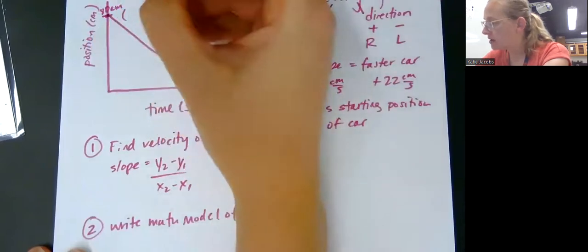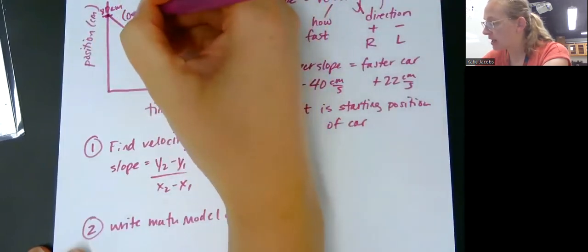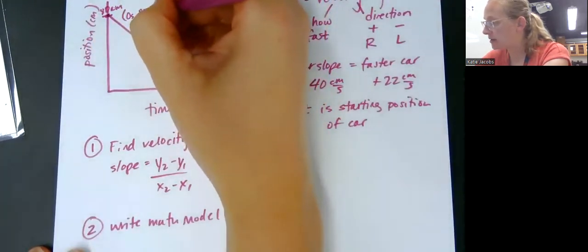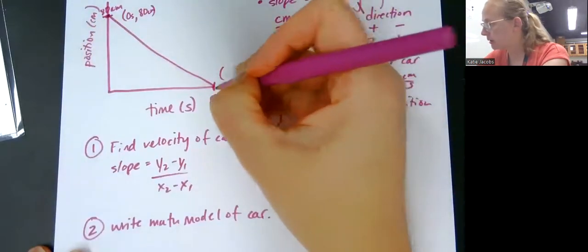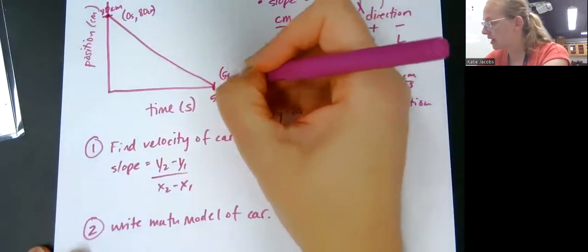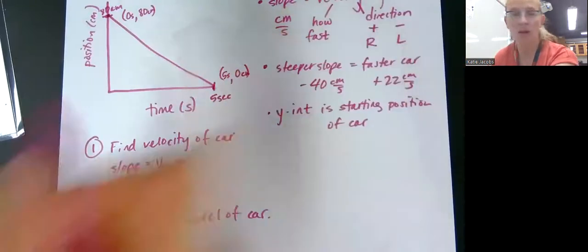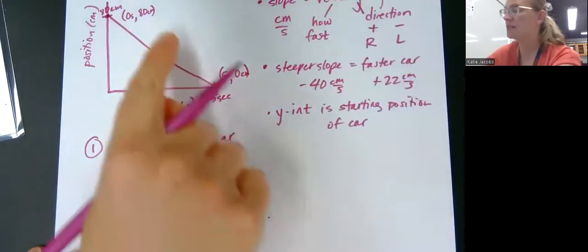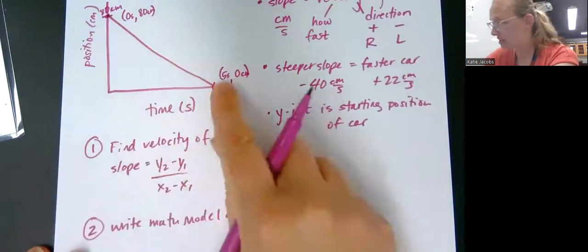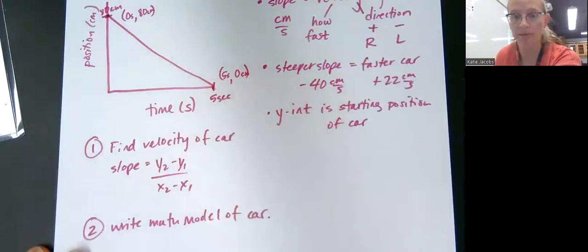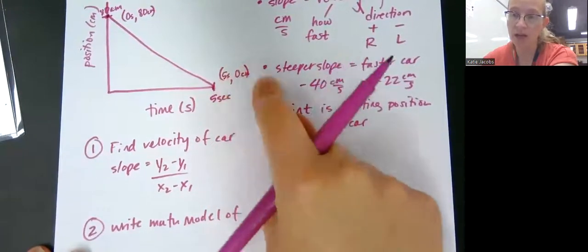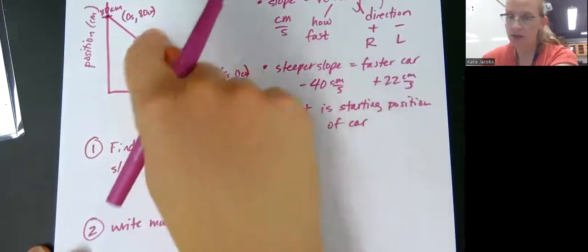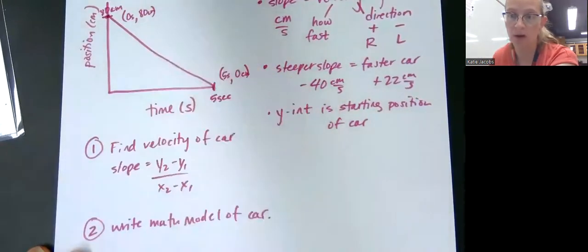So this is 0 seconds, comma 80 centimeters, the first point. And the second point here is 5 seconds, comma 0 centimeters. Notice I'm putting the units in with the coordinates. I'm saying this is the time and this is the position for that point. I'm going to consider this to be the second point, so this will be x2 and y2. I'm going to consider this to be the first point, x1 and y1.